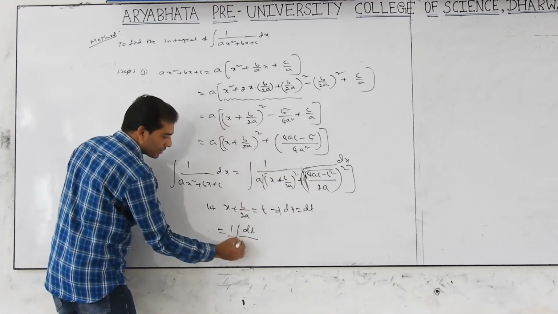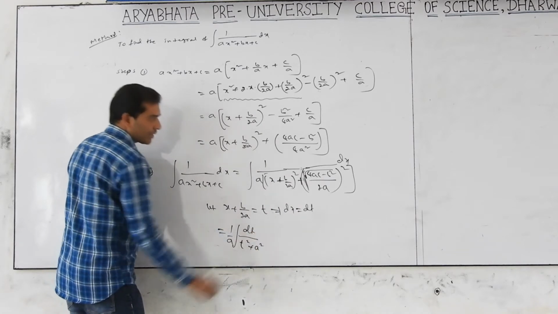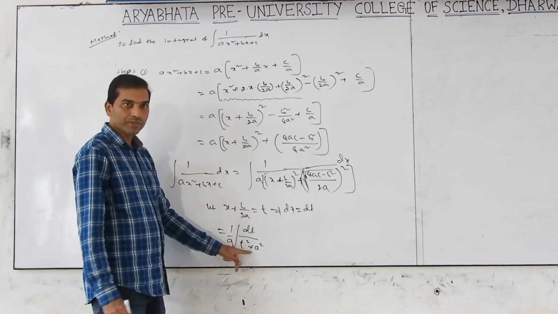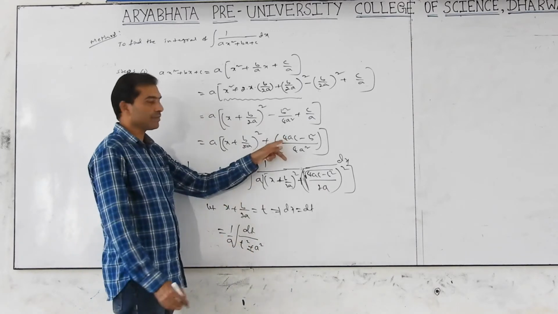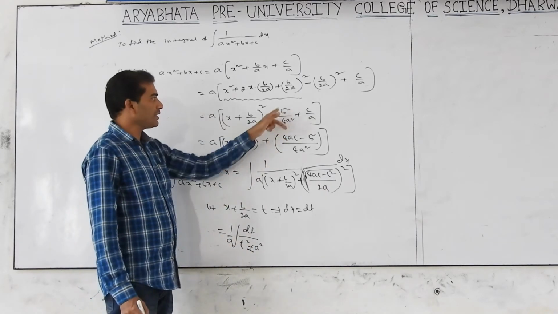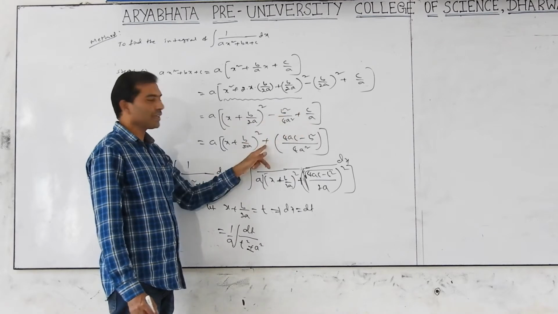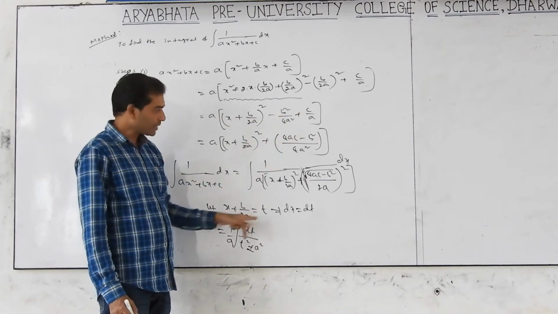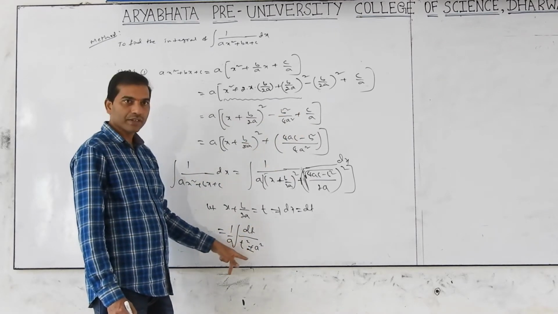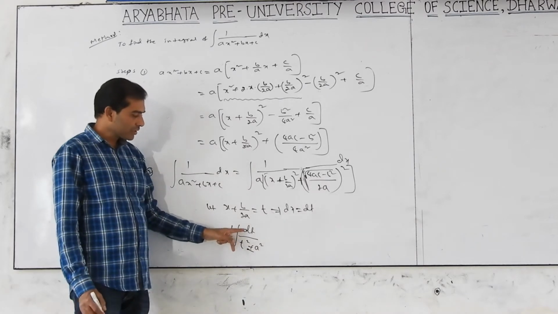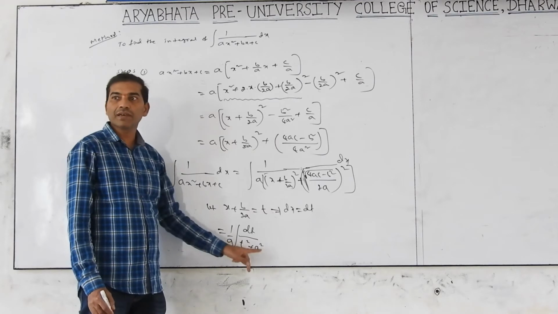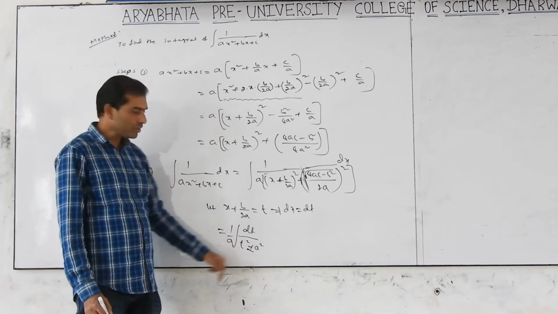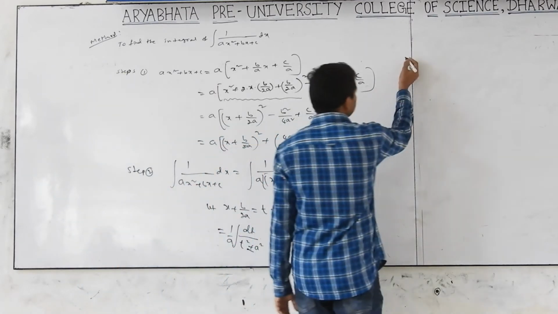This is t square plus a square. Maybe we get minus also, so plus or minus a square, depending on this constant. If it is bigger than this, we get negative; if it is smaller than this, we get positive. Which form does it contain: 1 by x square plus a square or x square minus a square? Then use the third step.